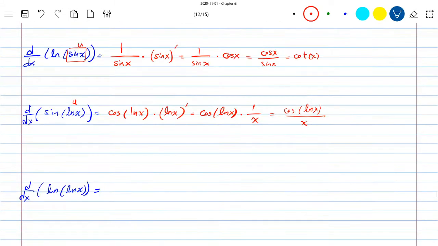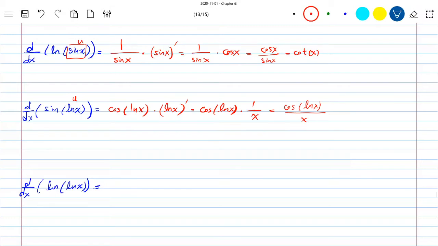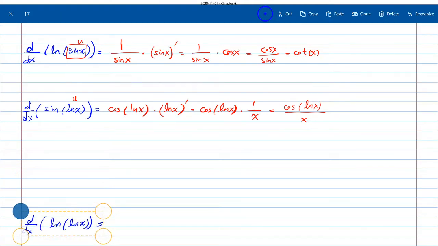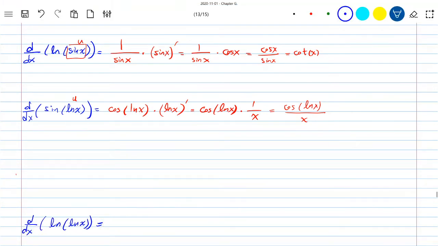Okay, just to make sure that you guys do not mix it with the product, let me show you a product here. If we have d over dx of, let's say, ln x sine x, you should apply a product rule.